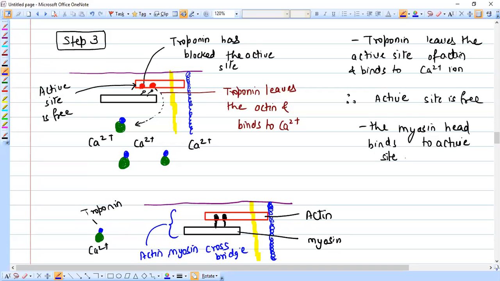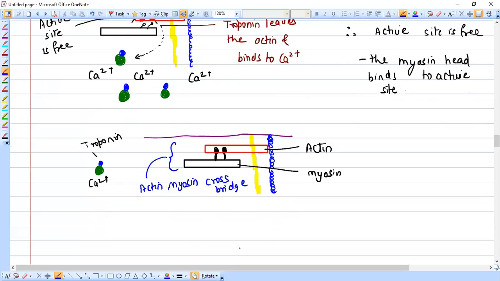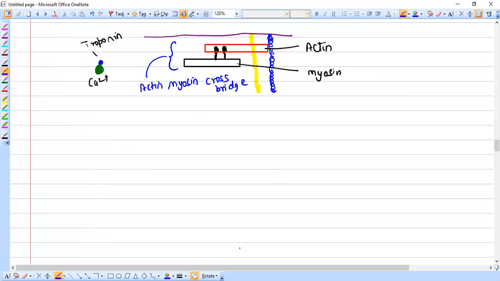The next step, the third step which has taken place, is that this actin myosin cross bridge formation will result in hydrolysis of ATP. As it is bound, one ATP will be hydrolyzed.